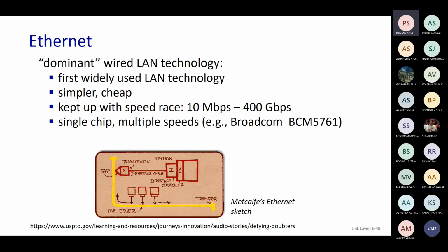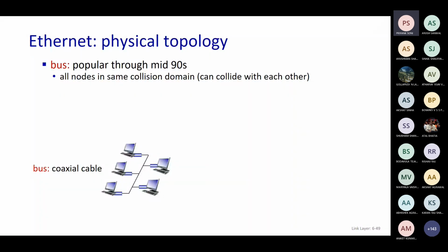It can provide a link rate of 10 Mbps up to 400 Gbps. It is mostly used because it is very simple and quite cheap also. Now let's see what the physical topology of an Ethernet structure is.